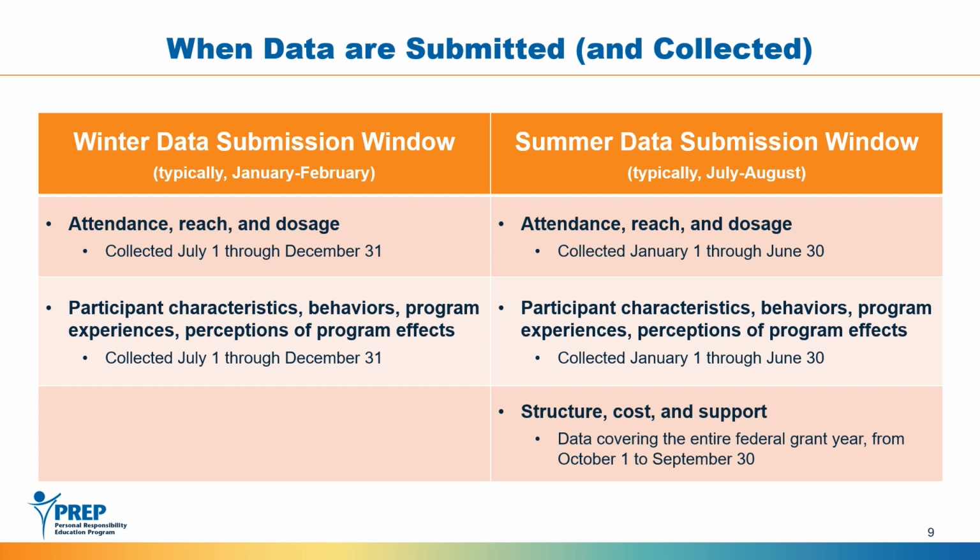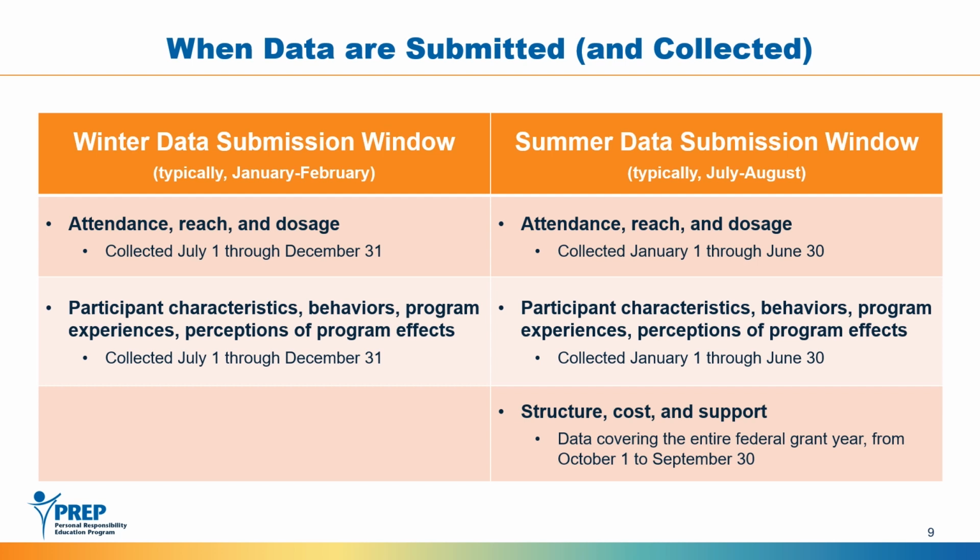So, data collected for these measures between July 1st and December 31st are submitted in the winter submission window immediately following that 6-month period, and data collected between January 1st and June 30th are submitted in the summer submission window immediately following that 6-month period.